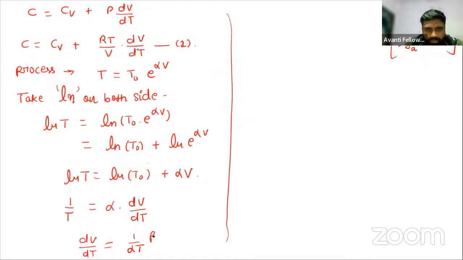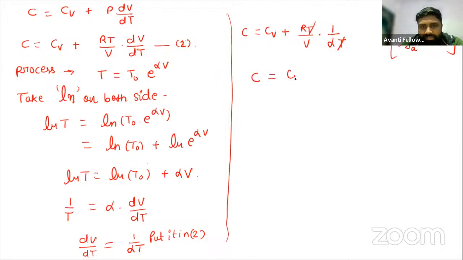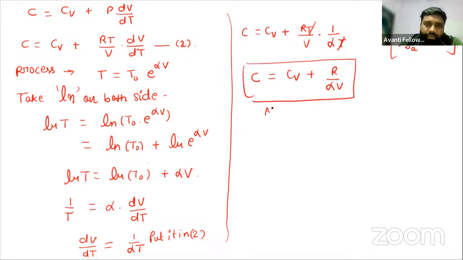Now put it in 2. So what do you have? C is equal to Cv plus RT upon V into, what is the value of dV by dT? It is 1 upon alpha T. T and T will cancel out. So it will become C is equal to Cv plus R upon alpha V. So this is the molar heat capacity.